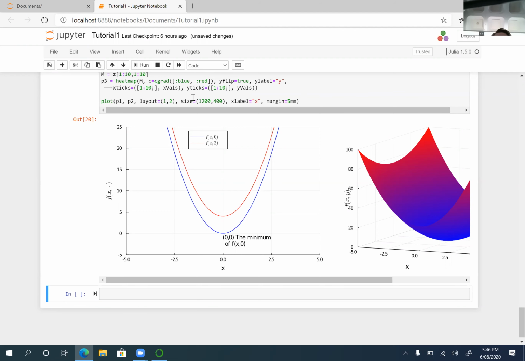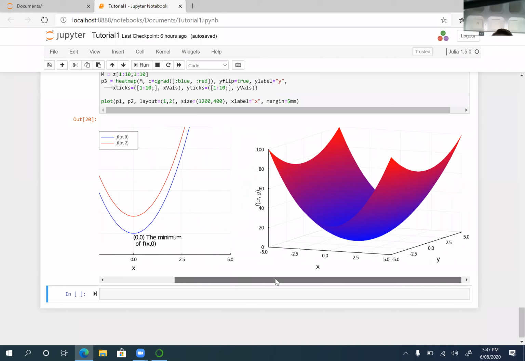Okay, but what you see here, and nicely we've got it labeled, f of x comma 0 is the blue parabola. Remember that was 3x squared. And then the red one, which is above that, is f of x comma 2. So these are vertical cross sections of the three-dimensional surface, which is on the right. Let's scroll over and have a look at that.